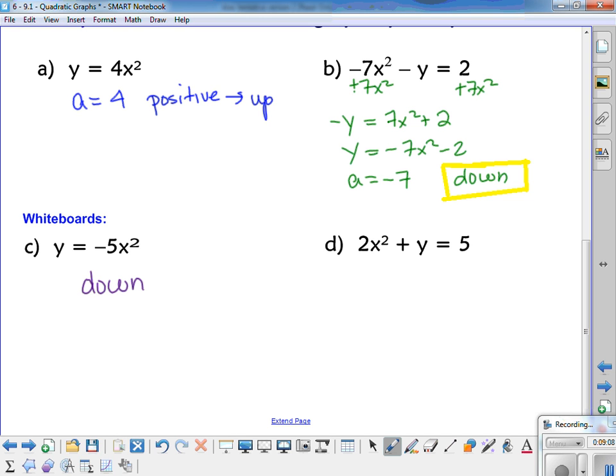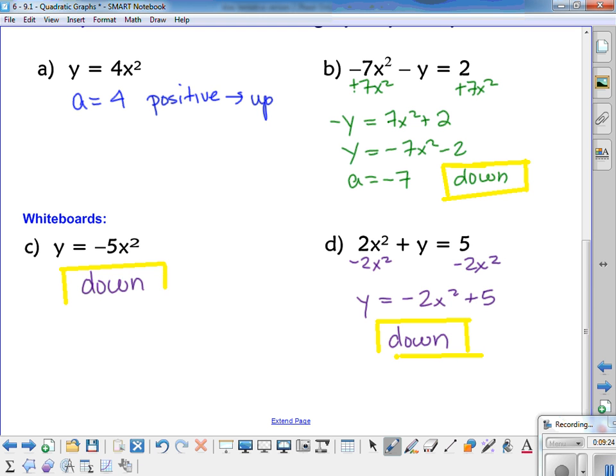On the second one, though, you needed to subtract the 2x² from both sides. And so then you get y equals -2x² plus 5. So which way is this one going? It's also going down. Okay. So just be careful on those kind of questions. Make sure you put it in standard form before you just determine whether the parabola is going up or down.